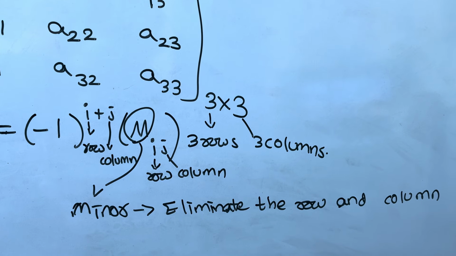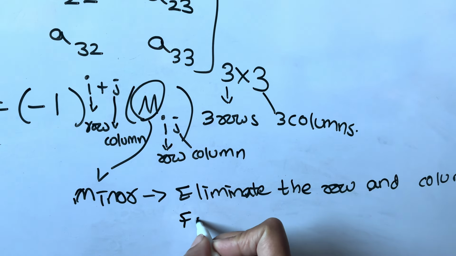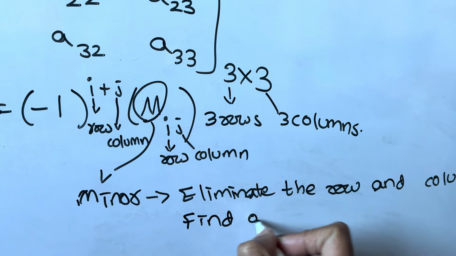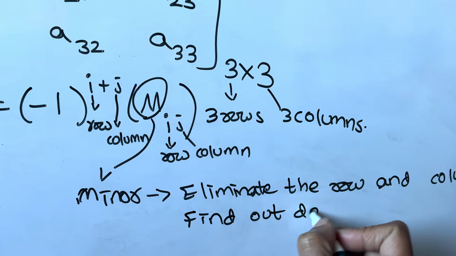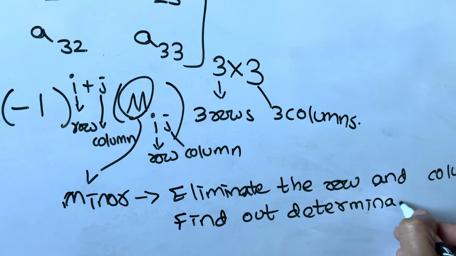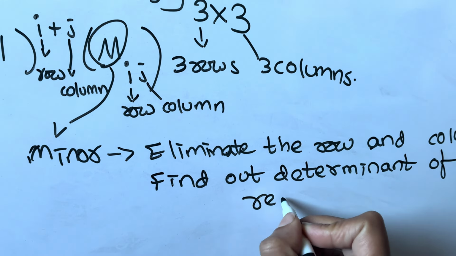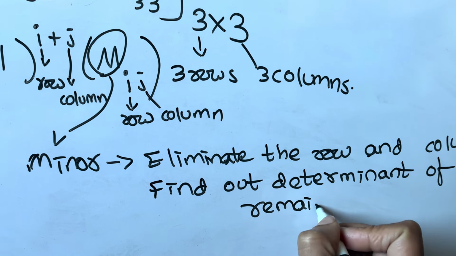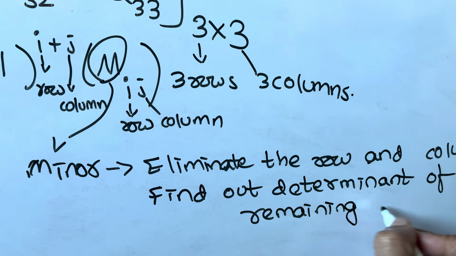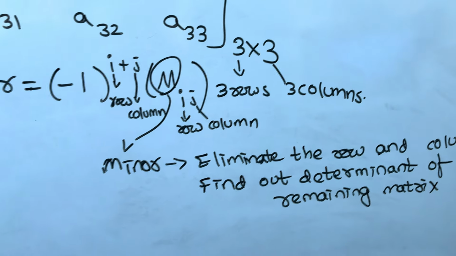A particular row and column is eliminated, and then after eliminating, we find the determinant of the remaining matrix. So let me explain that for you.